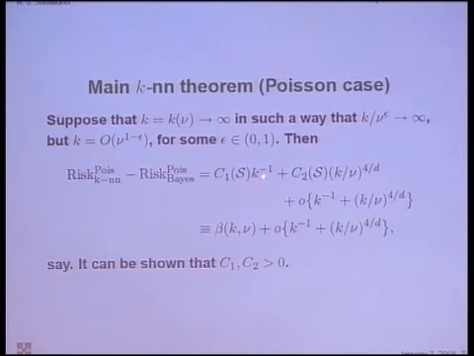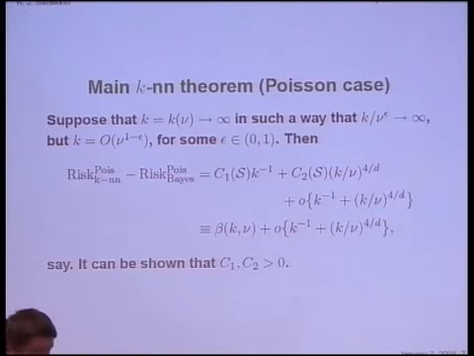These constants, which I've written as functions of S, this boundary here, are really integrals of functions of f and g and their first and second derivatives over this manifold, this set S. And then in the next line, I've combined these two dominant terms into this function, which I call beta of k and nu.